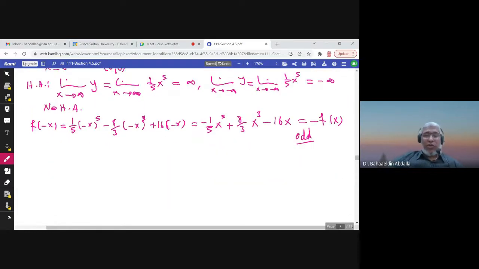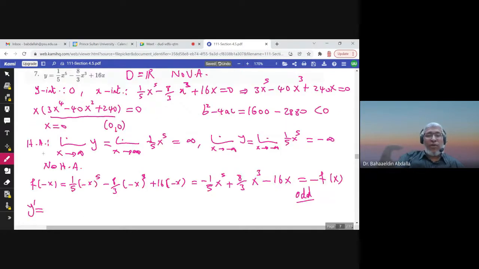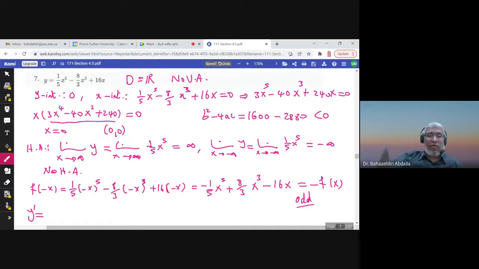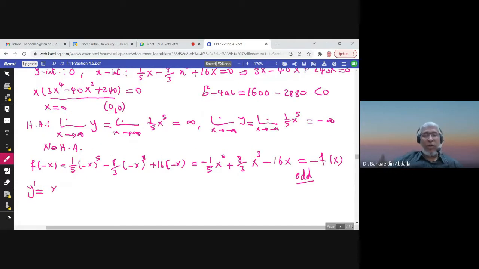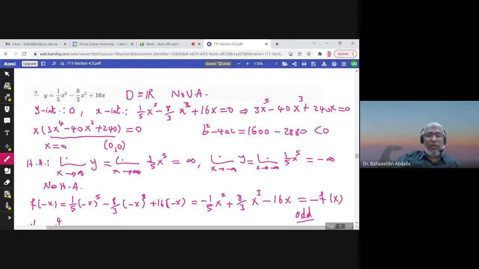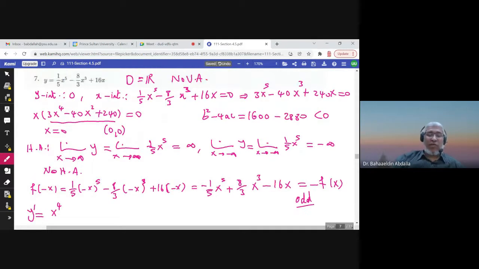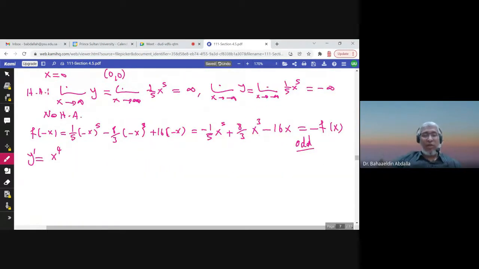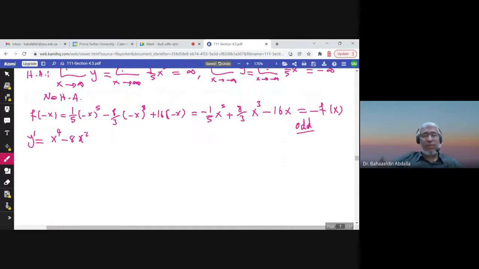Now we can talk about y prime, the first derivative. Well, y prime is 5 times 1 over 5, that's 1, x to the power 4, minus 3 times 8 over 3, that's minus 8, x to the power 2 plus 16.